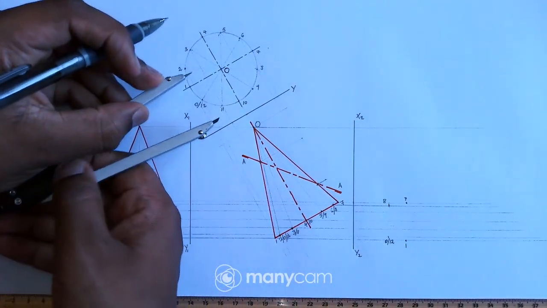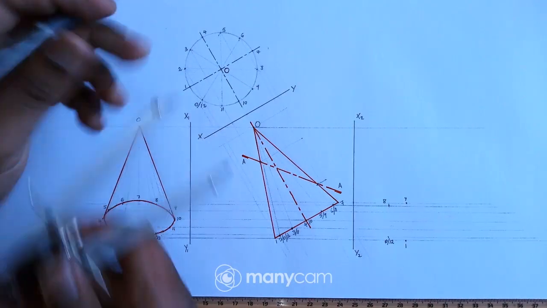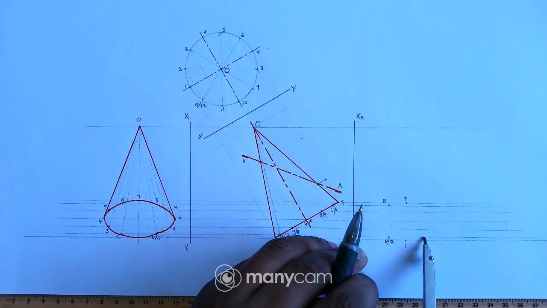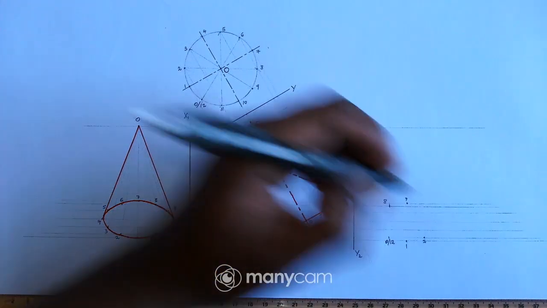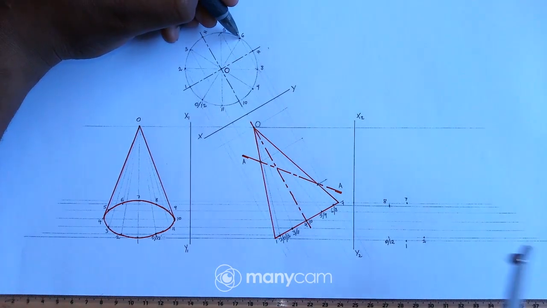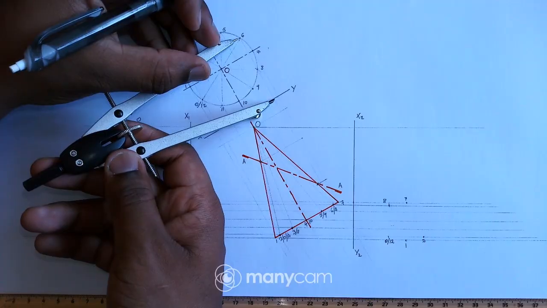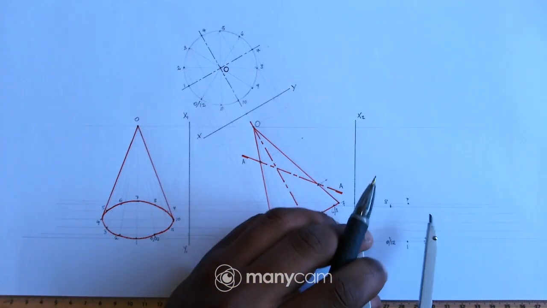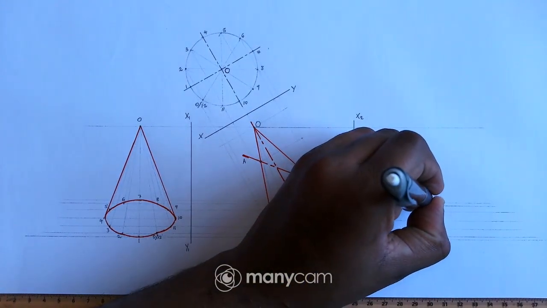Okay, then move to point 2. Point 2 is there, so I'll use this line, mark there. This is point 2, and if you check 2 and 6, they have the same distance there, so I can just mark that point immediately. 6 is there, that means I'll use this line, mark 6 there.